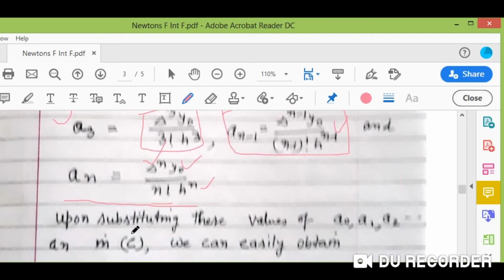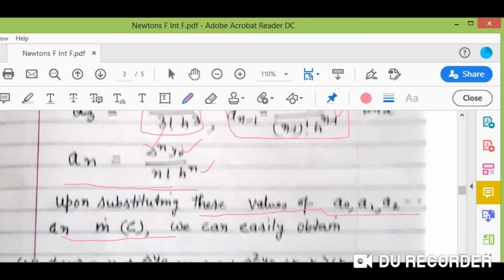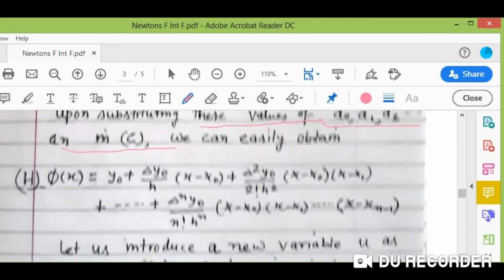So here, upon substituting these values, we have obtained all the constants. You look at here. All constants are obtained and computed.